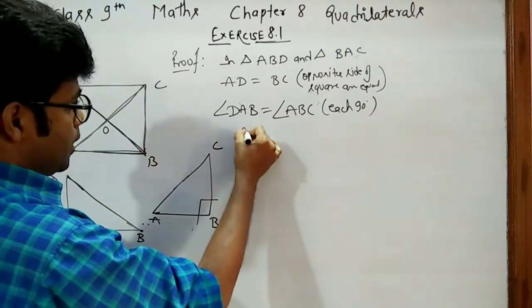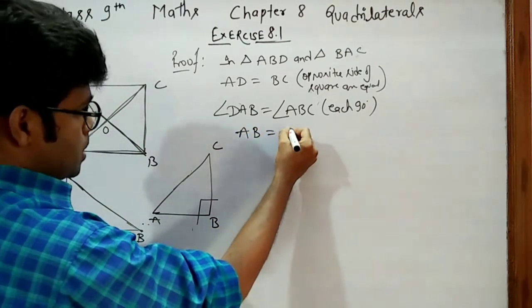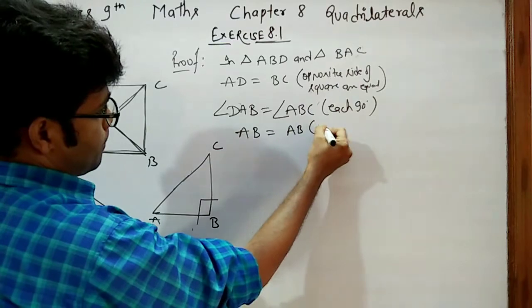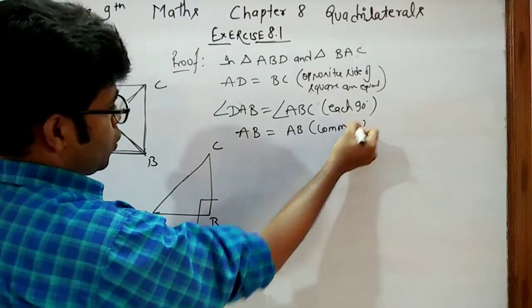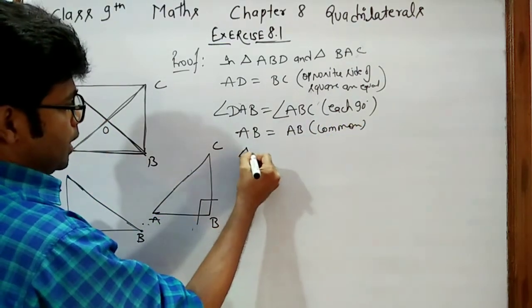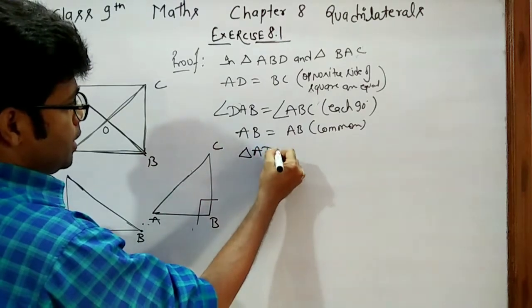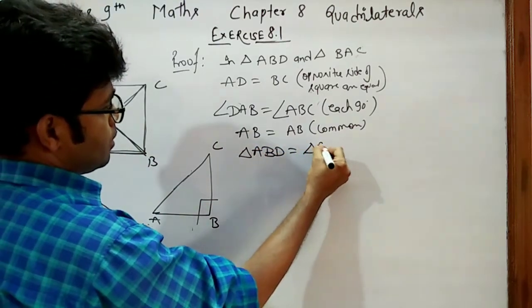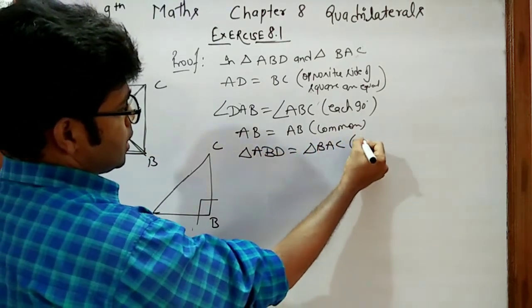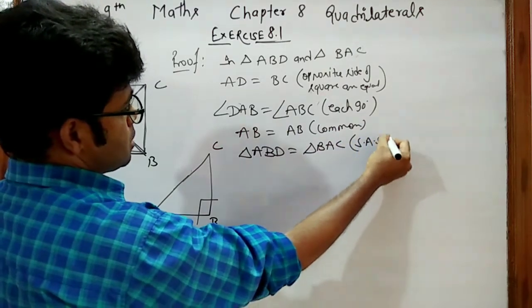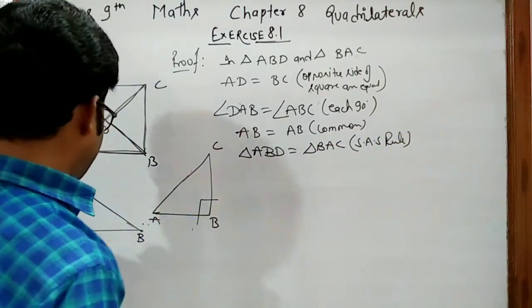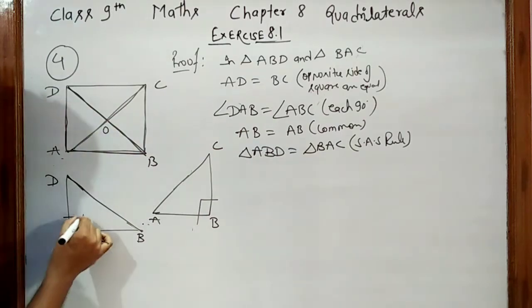And AB is equal to AB, common. This means triangle ABD is congruent to triangle BAC by the SAS rule, side angle side.